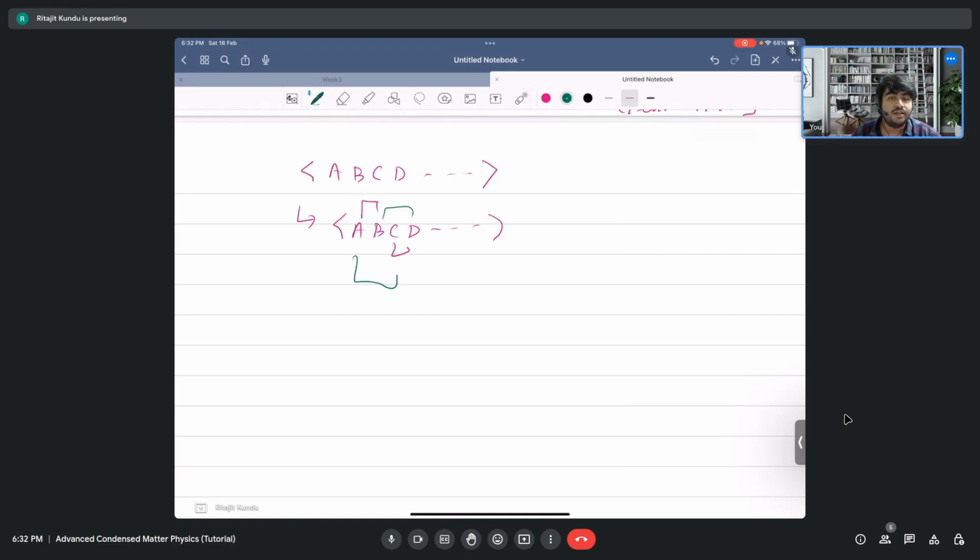The result of this expectation is the summation of all such contractions. This is the gist of Wick's theorem. I will not go into the derivation, those are very involved, but I will give you some examples so that you get a good understanding.